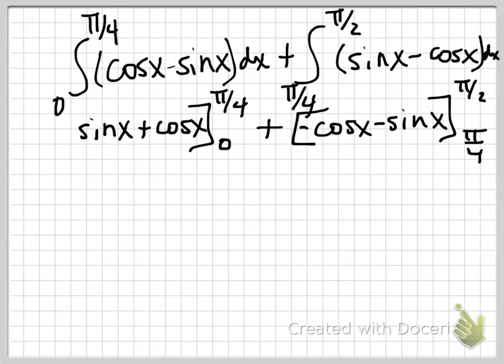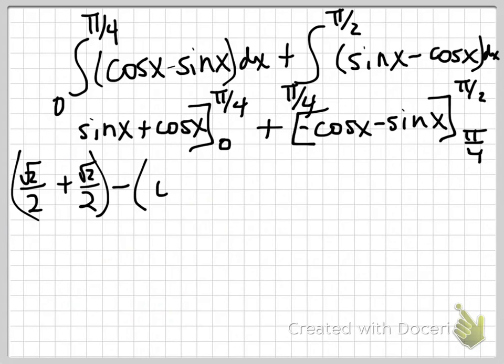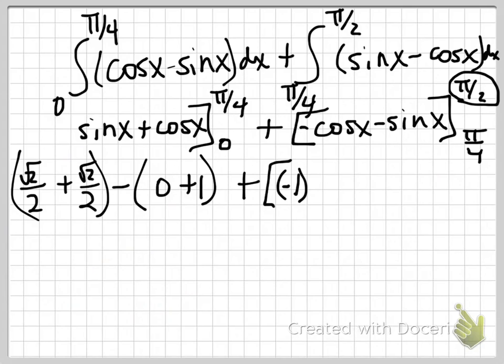Okay, so I had already plugged in the pi over 4, so square root of 2 over 2 plus the square root of 2 over 2 minus 0 plus 1. And now in the next section, when I plug in pi over 2, I'm going to have negative... no, I said that backwards.